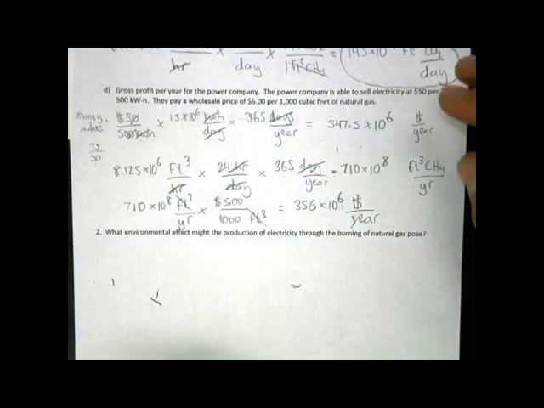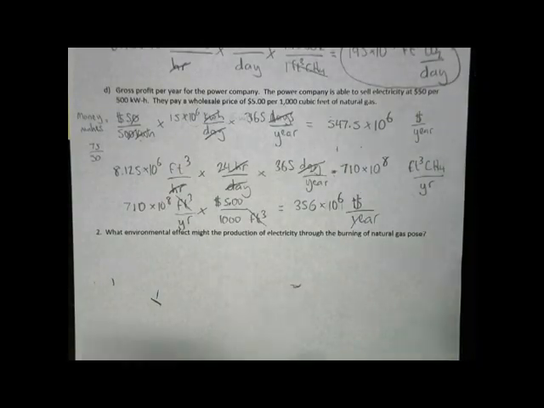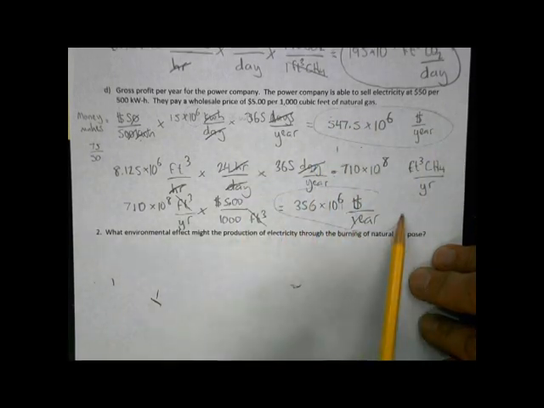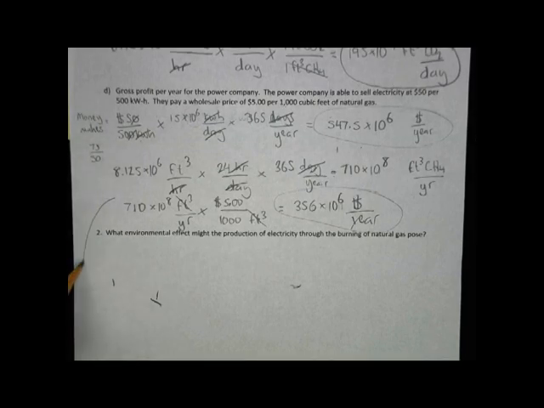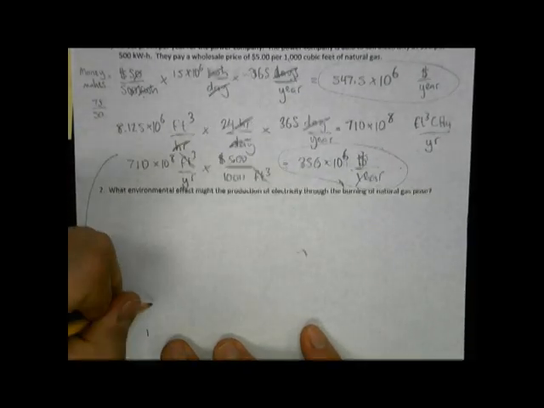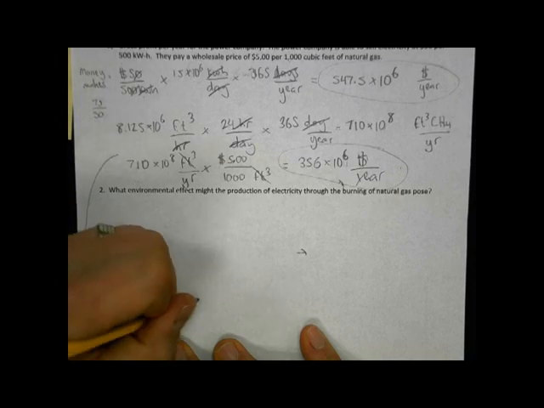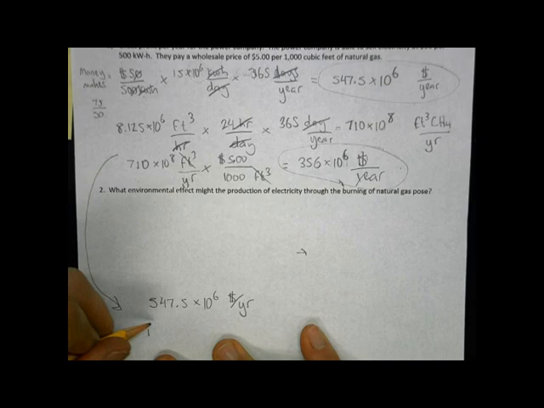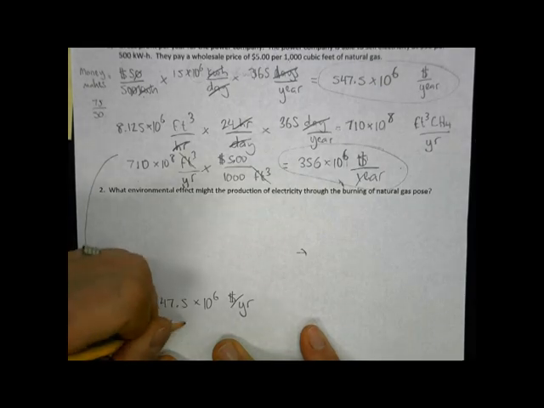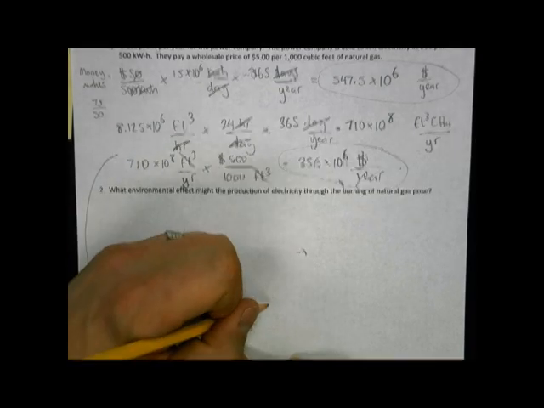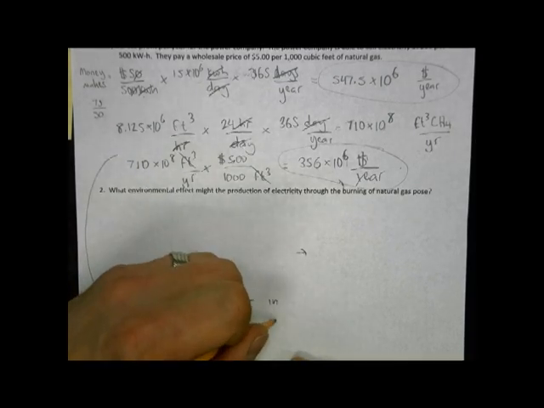So now we've got two very useful numbers. We've got the amount of money they made, and we've got their cost in gas. So if we come down here, we can do one last piece of math, taking both of those numbers. I take my 547.5 times 10 to the 6 dollars per year, and I've got my 356 times 10 to the 6 dollars per year. This is what they brought in. This is what they paid out.